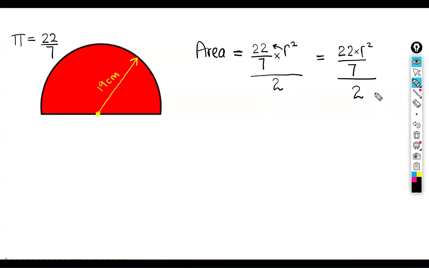And last week I showed you a shortcut for dividing this by 2: the 2 gets multiplied by the denominator. So if you look back in your notes, you could have seen that the area of a semicircle simplifies to 22 multiplied by radius squared divided by 14.